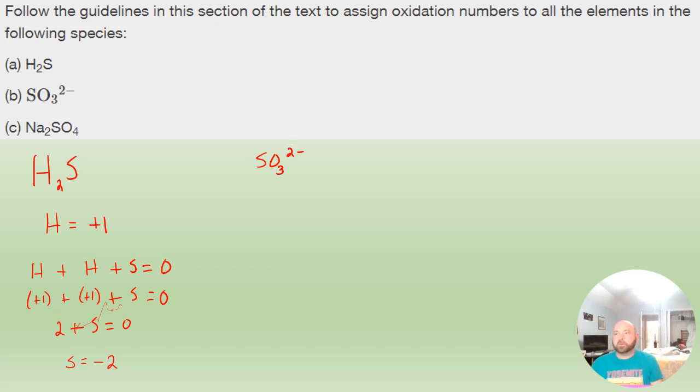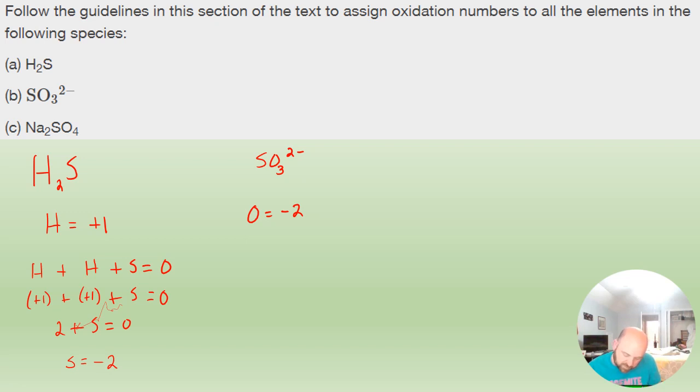We know from the previous set of guidelines that oxygen is almost always -2. The only time that changes is when it's bonded to fluorine, and it's not bonded to fluorine here. So our oxygens must all be -2. We also know that the total sum of the oxidation numbers has to equal the charge on the molecular ion. In this case, the charge is 2-.